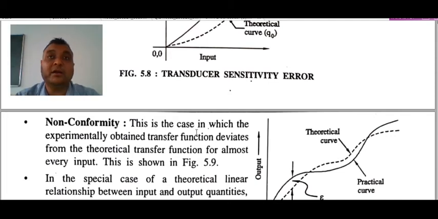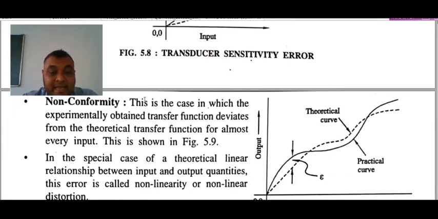You cannot predict any particular result that you will achieve, for example, that if I give this much input then at this particular time I will get exactly that much output. Non-conformity means you cannot say exactly what is going to happen. Now the statement given over here, this is the case in which the experimentally obtained transfer function deviates from the theoretical transfer function for almost every input. This is shown in the figure.